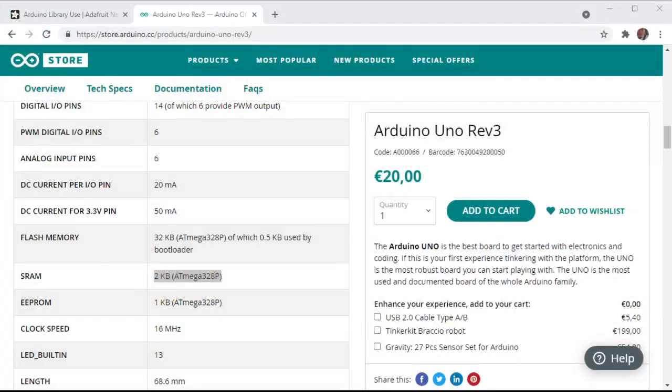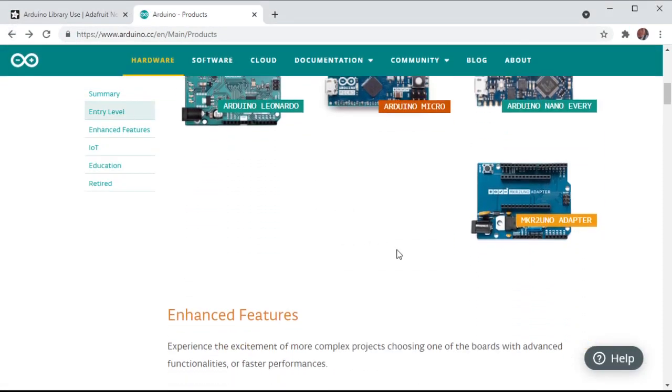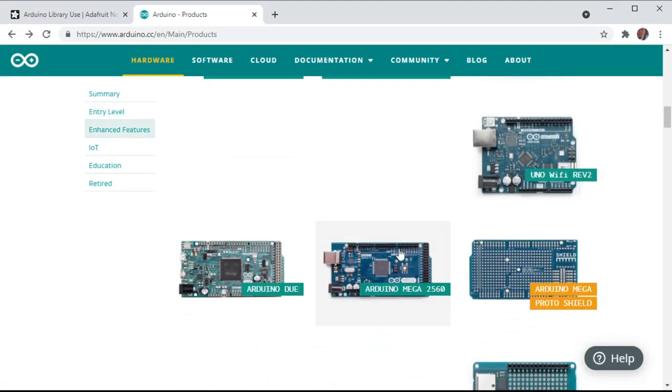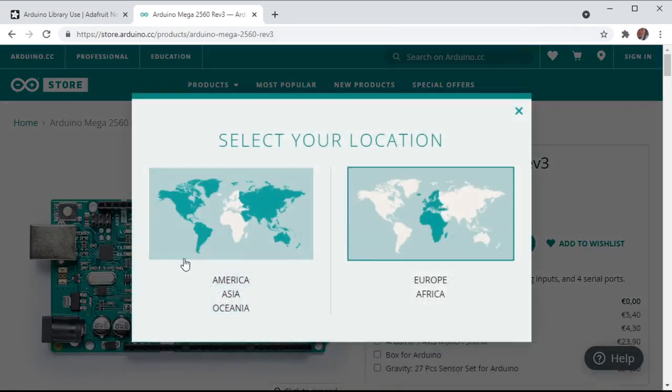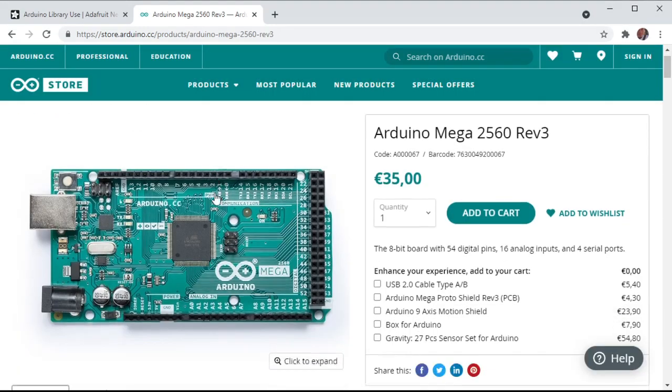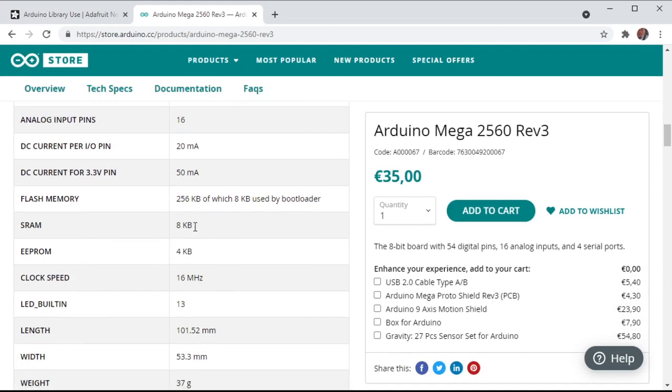Okay, so that's an Uno here, right? Kind of a cool little board. Then we have the Mega. So the Mega's got a little more memory here: 8 kilobytes of SRAM. Cool. All right, let's check that out.